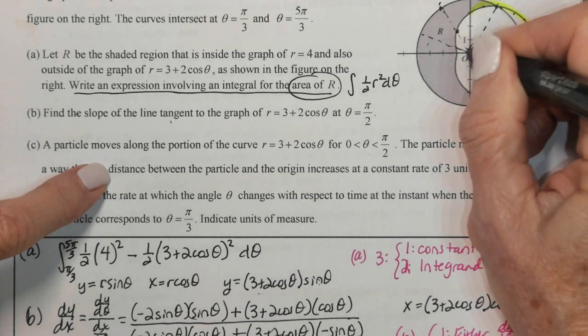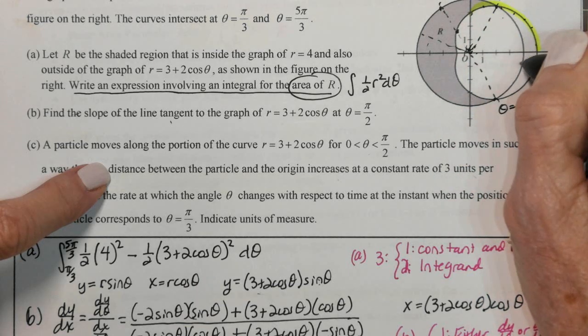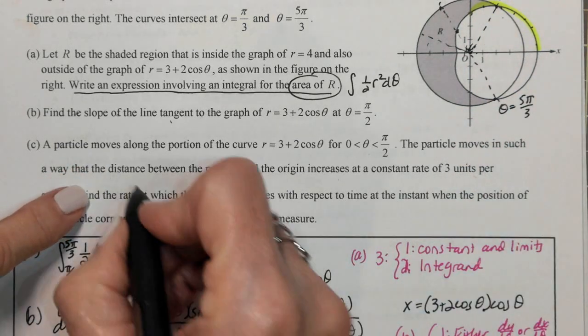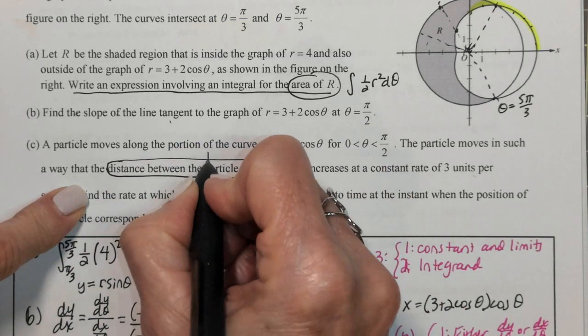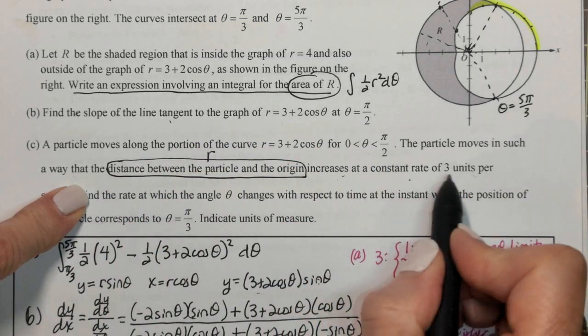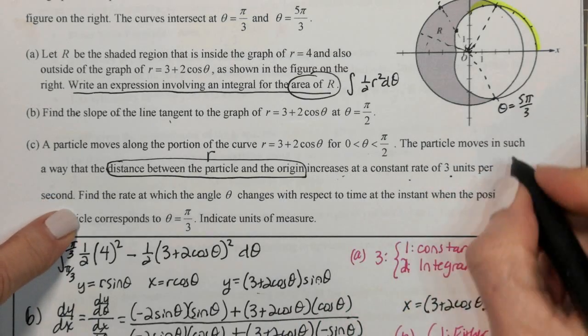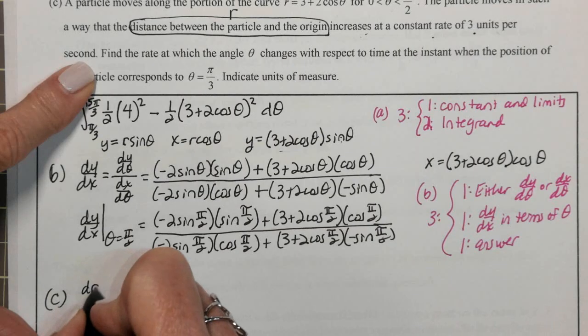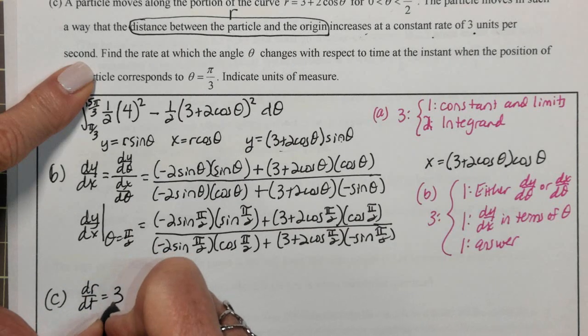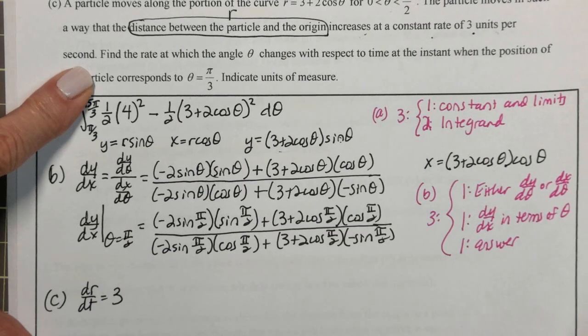That's the distance between the particle and the origin, right? So they're telling me that r increases at a rate of 3 units per second. That tells me that dr dt, I'm going to write that down, dr dt is 3 units per second.